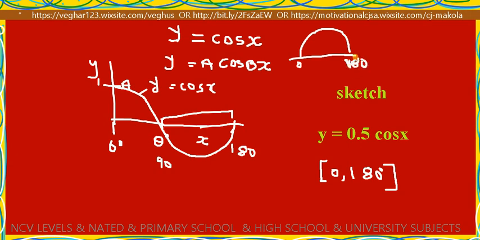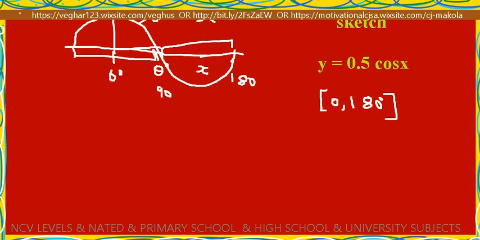This is the period from here to here, and the other one is from here. But the period remains constant like this for this graph.